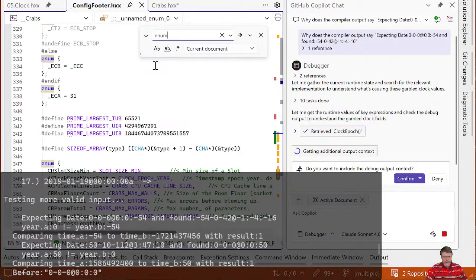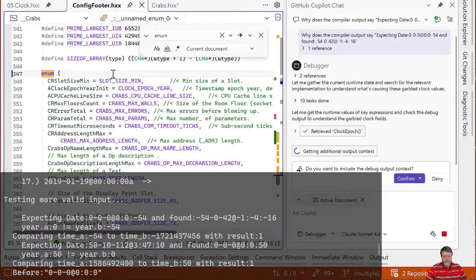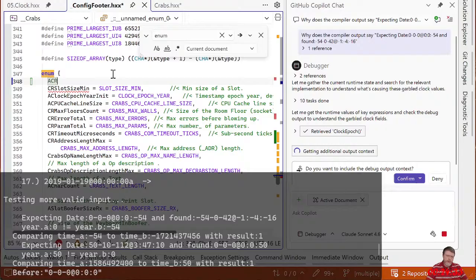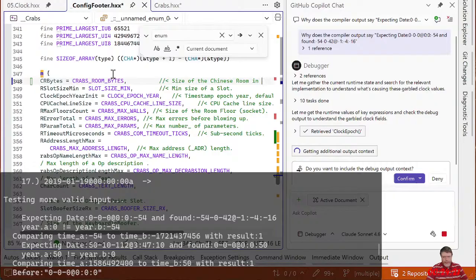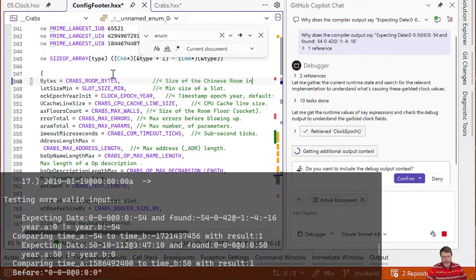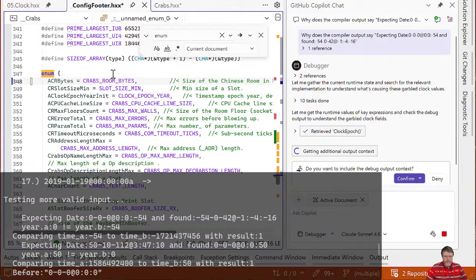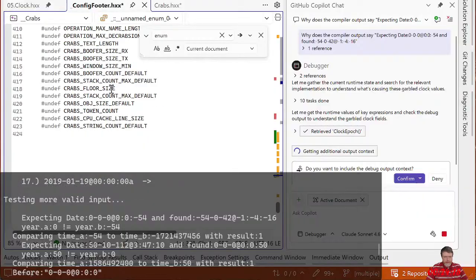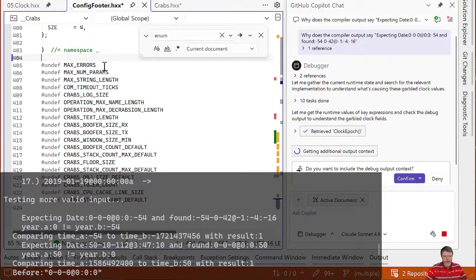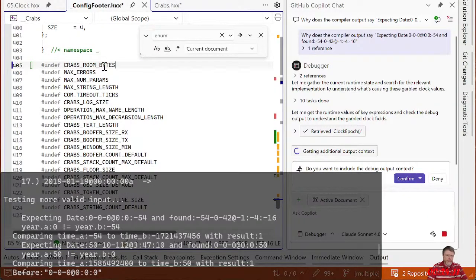Okay. Too happy with that. So now we want to, on here, go down and undo that.